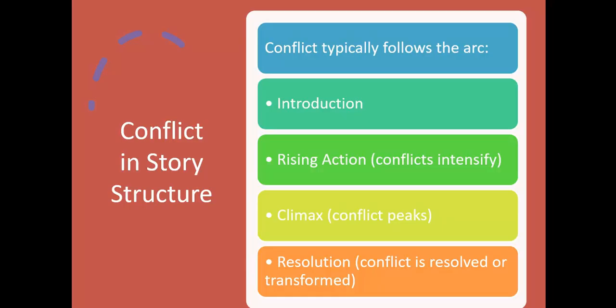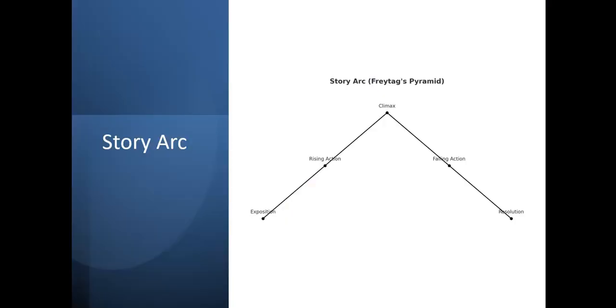It's right up there, about to sort of explode. It's the time you would not go to the restroom to get away from your story unless you hated the story. And then the conflict is resolved or transformed. That's in the resolution. And here you can kind of see that. This is Freytag's pyramid, the story arc. And you can see how this follows a pattern.